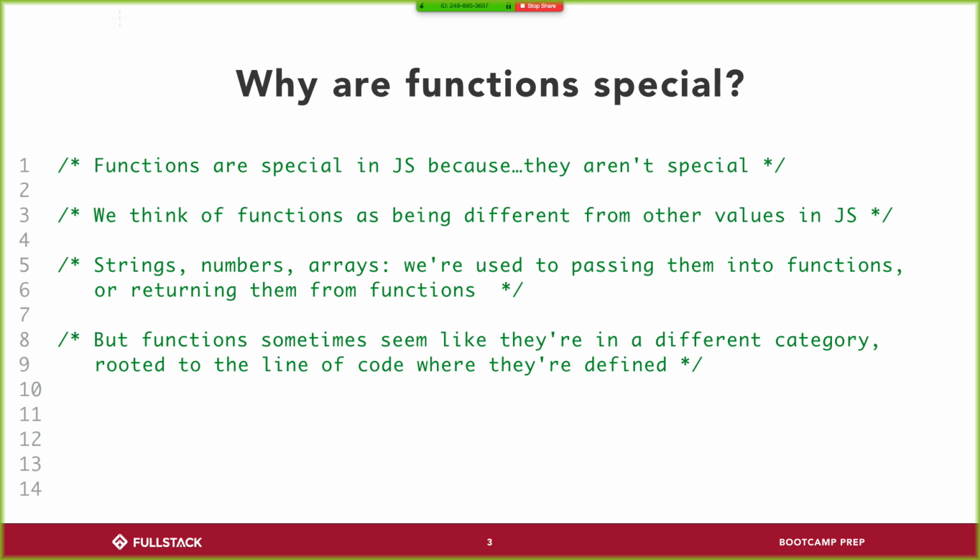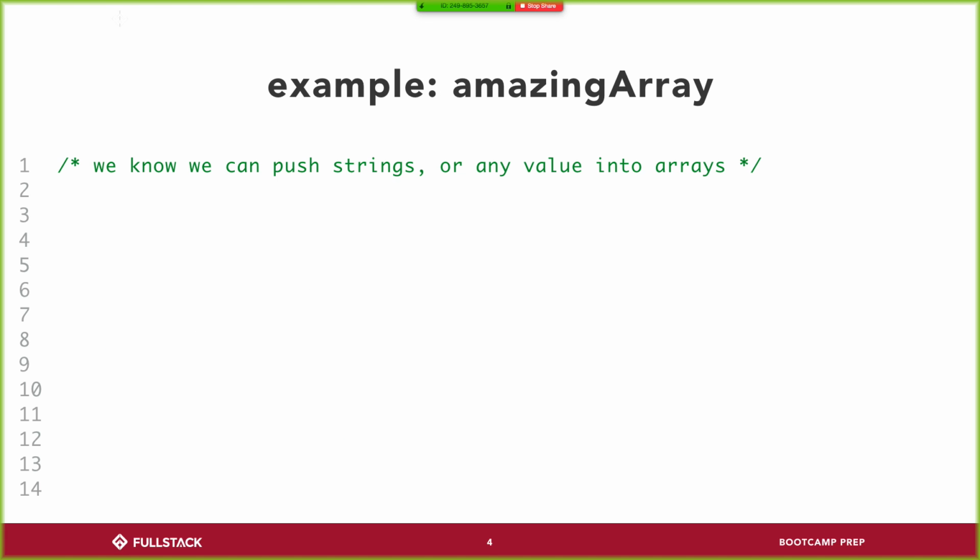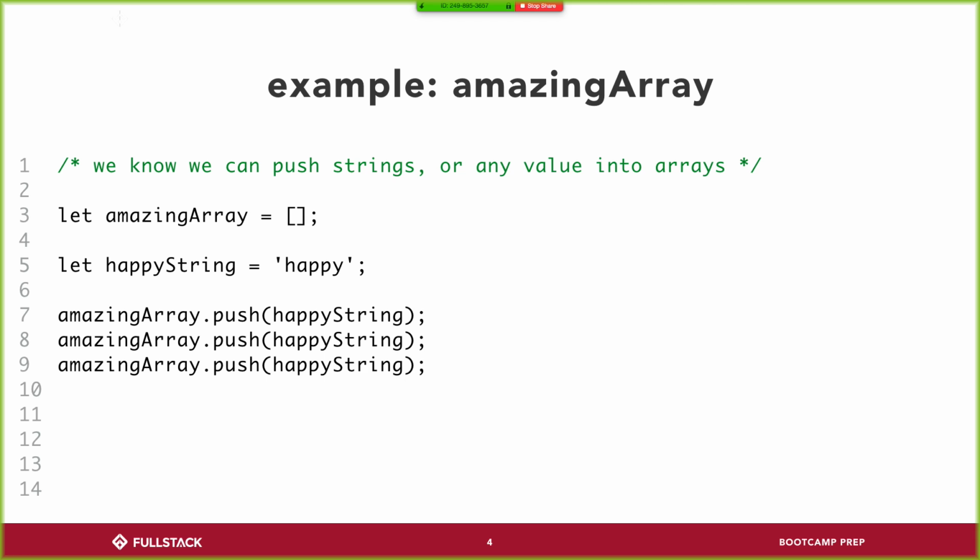They seem like they're in a different category, but we should try to think of them as just a normal value in JavaScript that can be passed around. So we know that we can push these into this array.